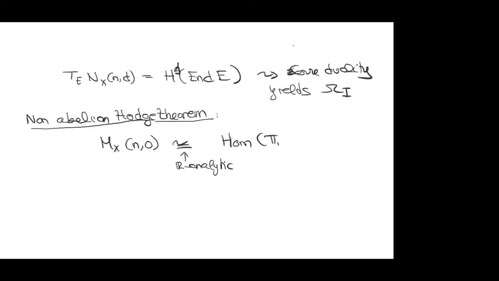So again, flat connections are given by representations of the fundamental group now into the group GL(n,C), up to conjugation by GL(n,C). But not all homomorphisms are possible. In this case, one is to take reductive homomorphisms.